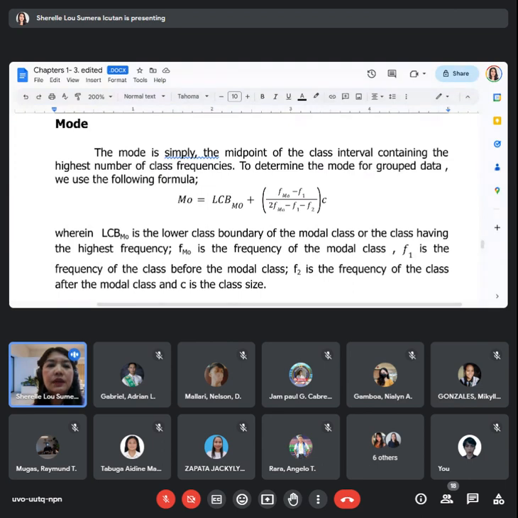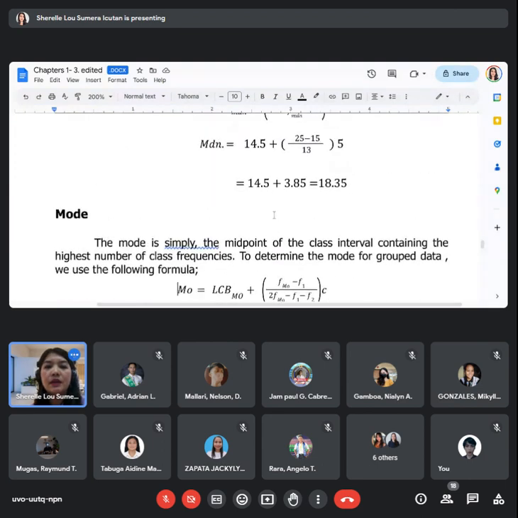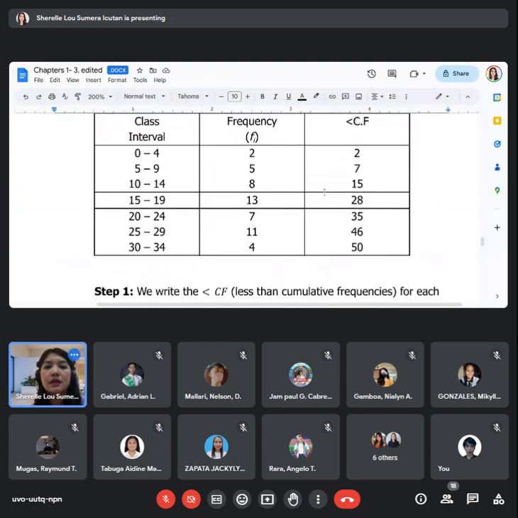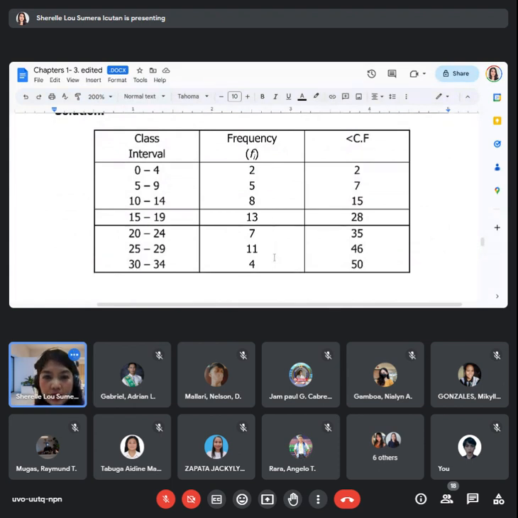So which of these class intervals has the highest frequency? Sa 13, tama? Yes, ma'am. Okay, so this is your modal class. What is the lower class boundary of that modal class? Mag-minus ka ng 0.5 dito, so you have 14.5.